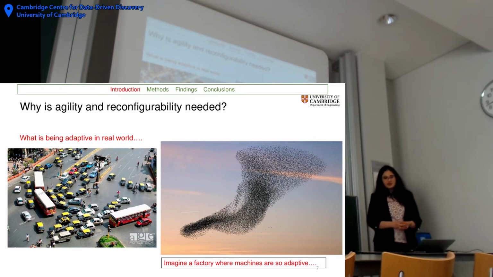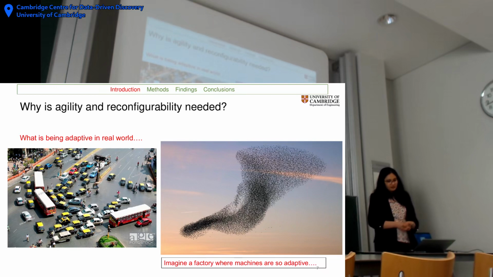All these are not taking instructions from a centralized system, and they are able to talk to each other, and they're able to handle a very complex situation with some amount of autonomy and cooperation to get things done.